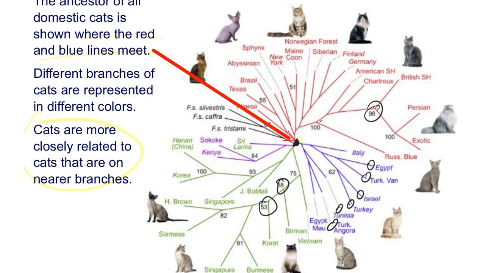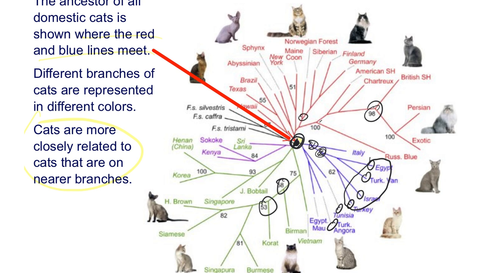Also, that's the common ancestor of all cats, but every time there's a branching, that's the common ancestor of the branches that follow. So that nodule, that branching, is a common ancestor of all these guys right here.